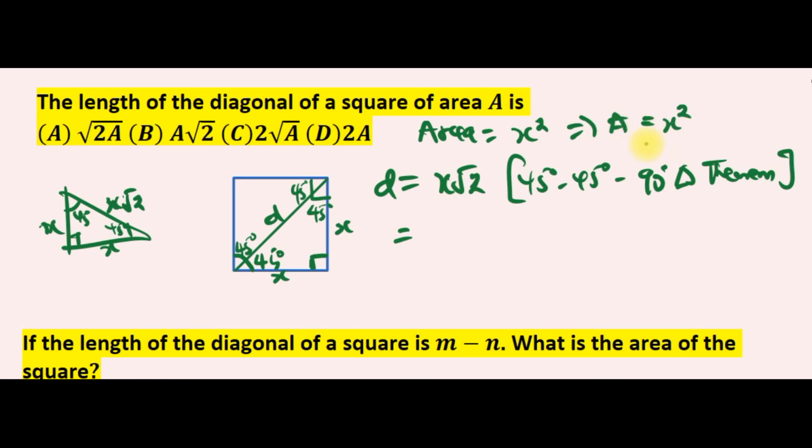Since area is x squared, x is the square root of A. So what you have here is square root of A times square root of 2. So our answer is square root of 2A. So that's the diagonal. So our answer is A.